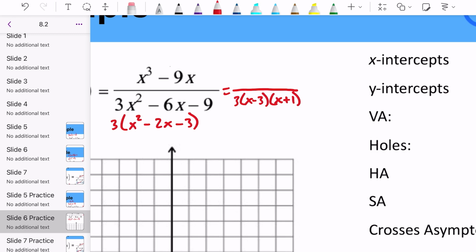In our numerator, we can factor out an x, which is left with x squared minus 9, which also breaks down into x times x plus 3 and x minus 3.